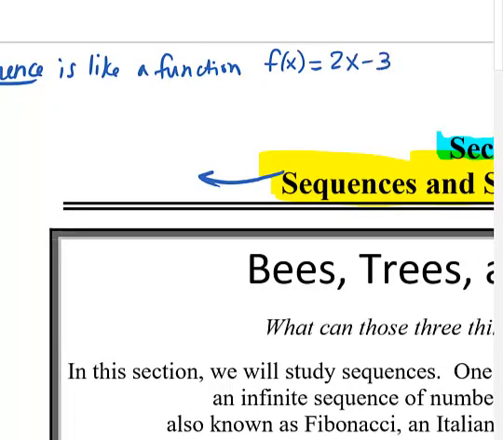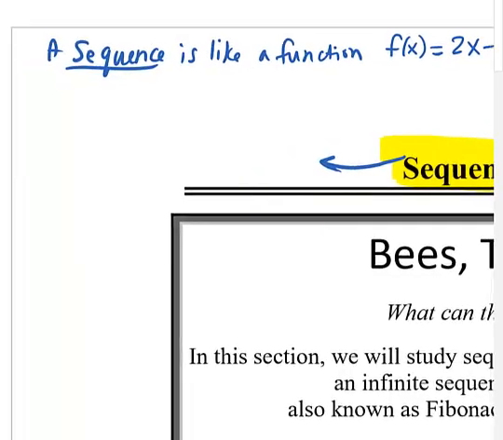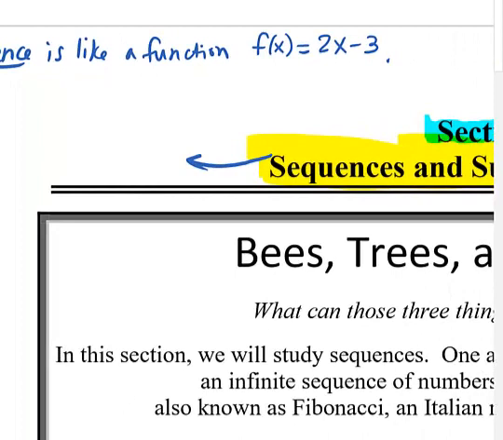But the difference between a function and a sequence is that with a function you can pretty much put any x value in you want, as long as it's part of the domain. You can put whole numbers, negative whole numbers, 0, fractions. You can put whatever you want in for an x value.